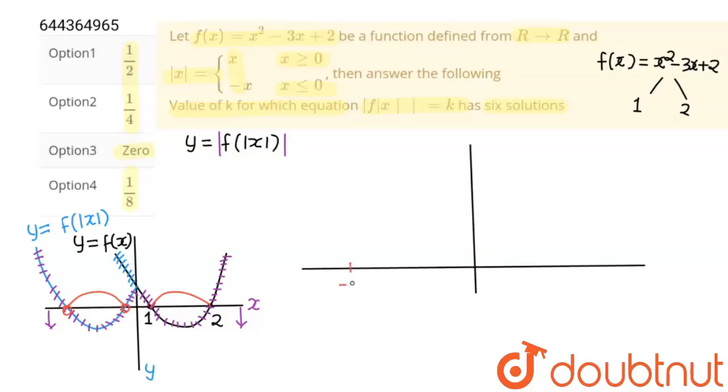So this is our -2 and this is our -1, and again these two points, this is our 1 and this is our 2. The curve comes over here and this graph is like this over here.